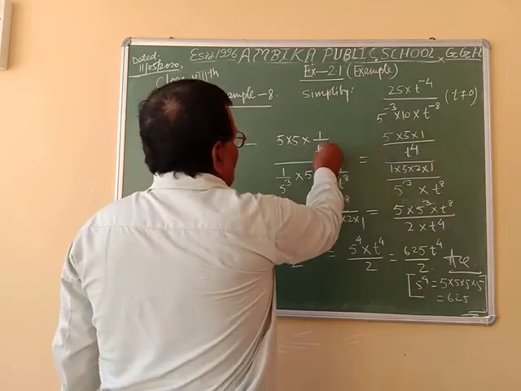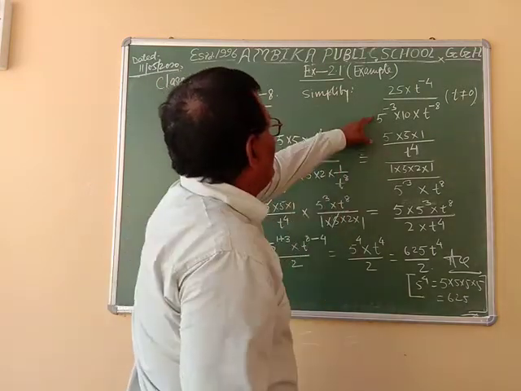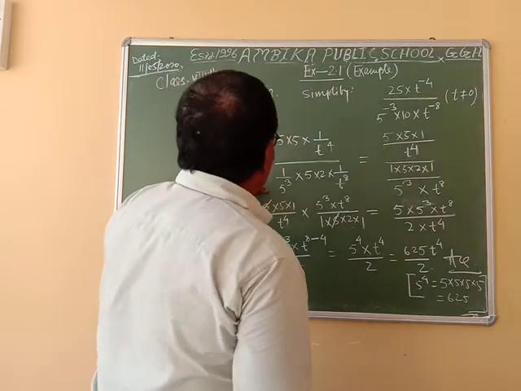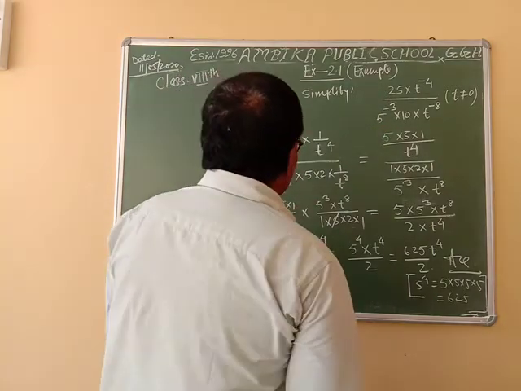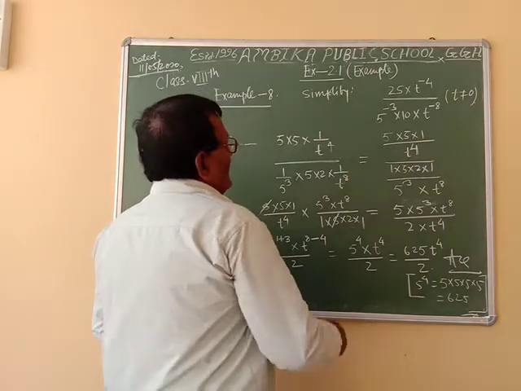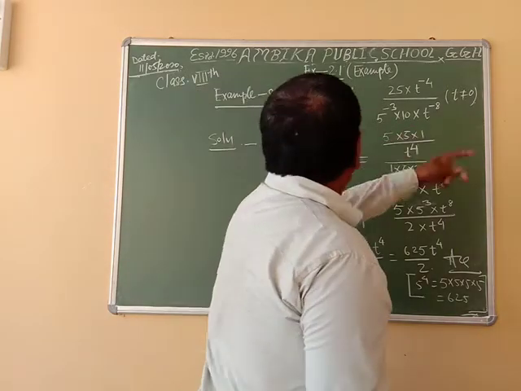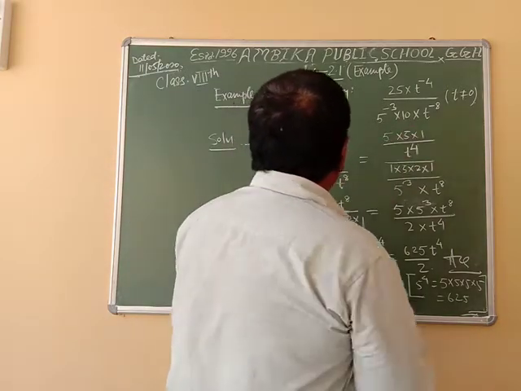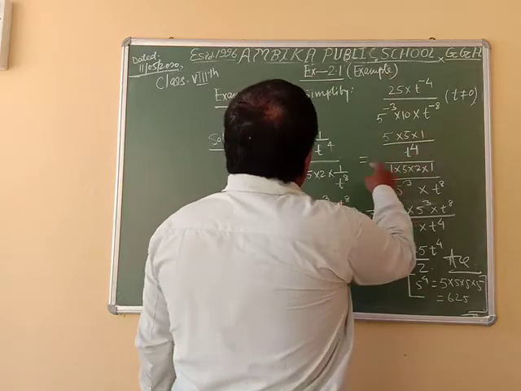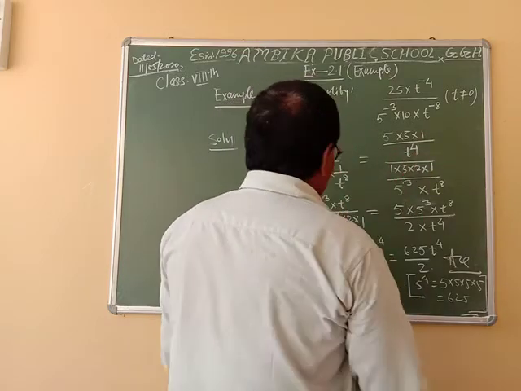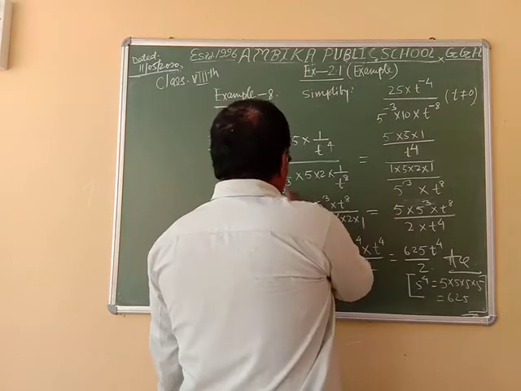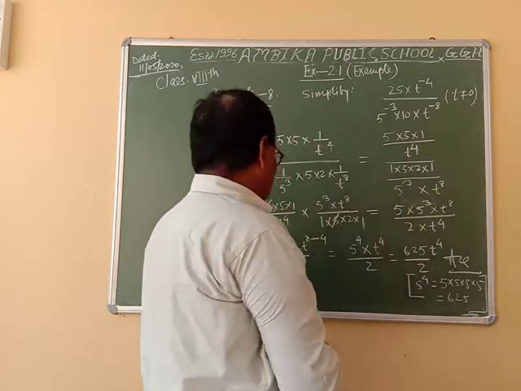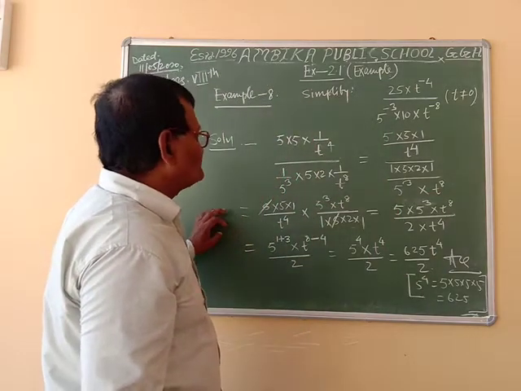So 5 to the power minus 3 is equal to 1 by 5 to the power 3, into 5 into 2, into again t to the power minus 8, which is 1 by t to the power 8, is equal to 5 into 5 into 1 by t to the power 4 by 5 into 2 by 5 cube into t to the power 8.